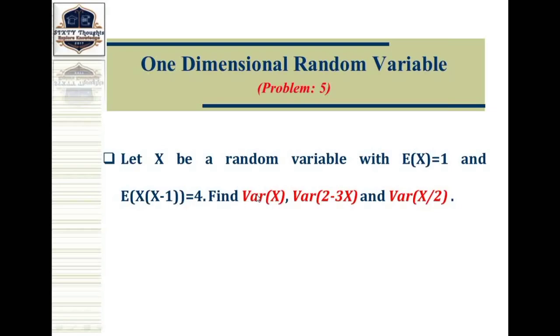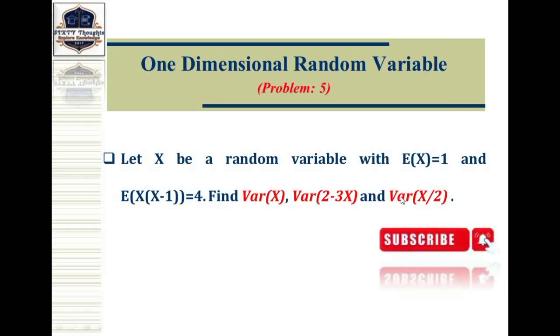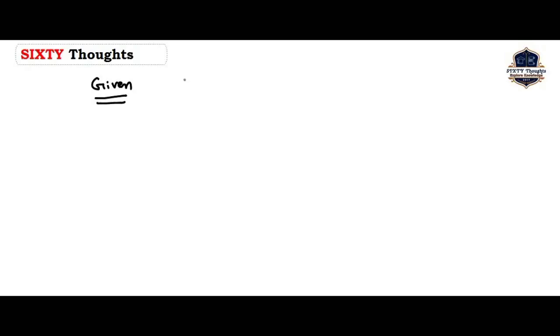Find the variance of X. Second question, find the variance of 2 minus 3X, and third, find the variance of X by 2. What is given? The expected value of X is equal to 1, and the expected value of X(X minus 1) is equal to 4.